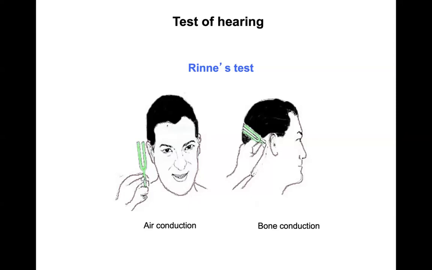Yes, they can, because in this case you bypass the functions of that conduction machinery. You don't need the bone to deliver the frequency to the inner ear, it goes through the bone instead. So this is one way that you differentiate between nerve deafness and conduction deafness.